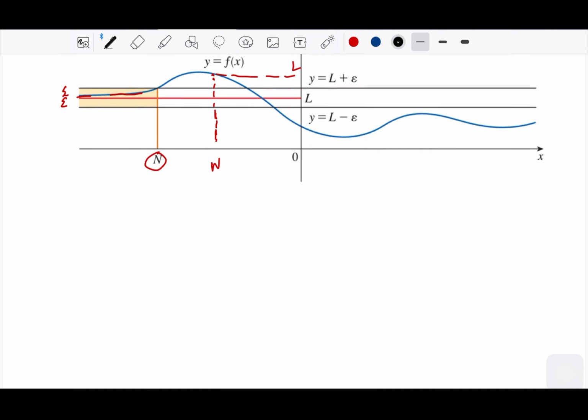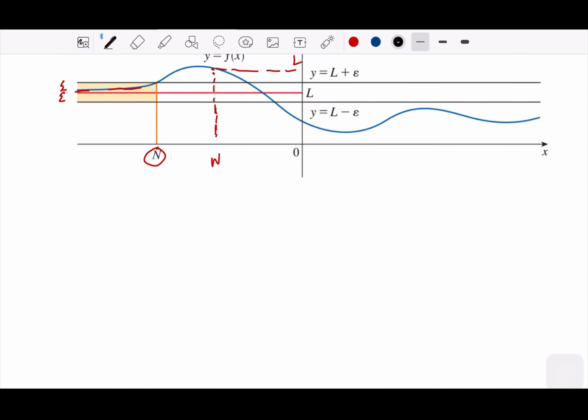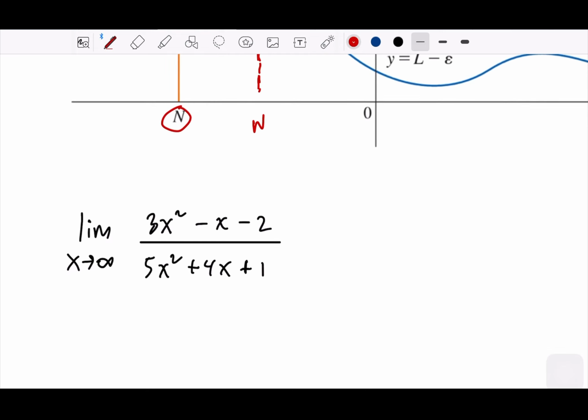Okay, now how do we look at the formulation in mathematics? If we take this, I believe we have already learned how to compute this. Let me start with a little bit of review. When we have this rational function, we have limits at infinity, right?